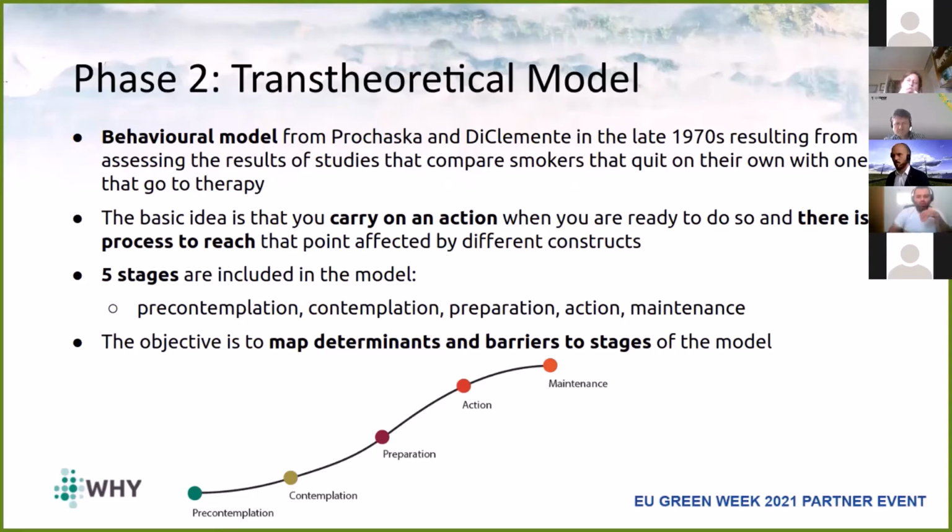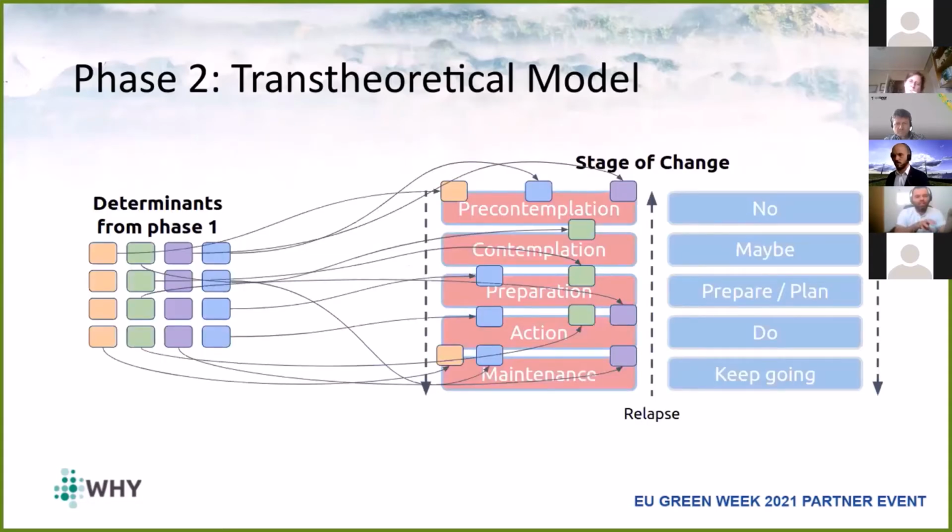And what we are going to do is try to map all the determinants to the stages of change, the states that the transtheoretical model has: okay, these determinants are more related to this stage, and these determinants are related to this stage, and trying to sort those determinants there.